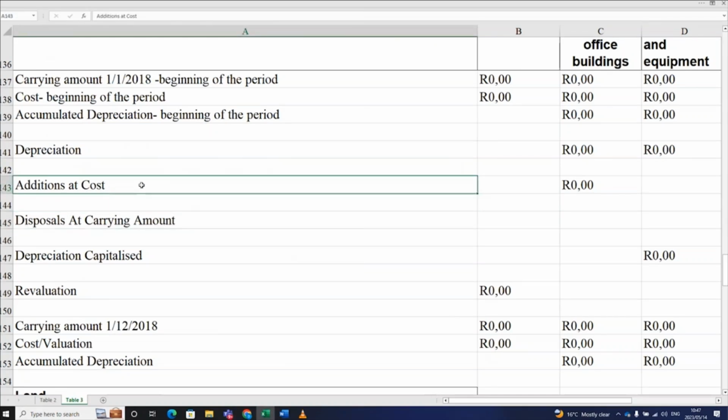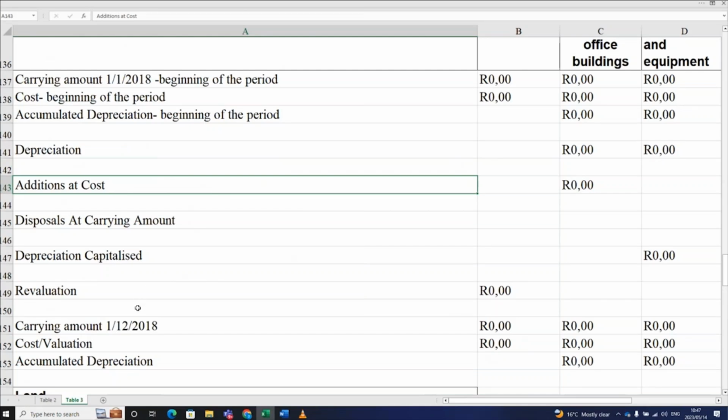So when you buy a new asset, it will be at the cost that you put in your PPE note, and when you sell an asset or trade in or whatever, then it's done at the carrying amount. Okay. And then there's the depreciation capitalized. We'll get into that as we do the question, and then also the revaluation of the land.